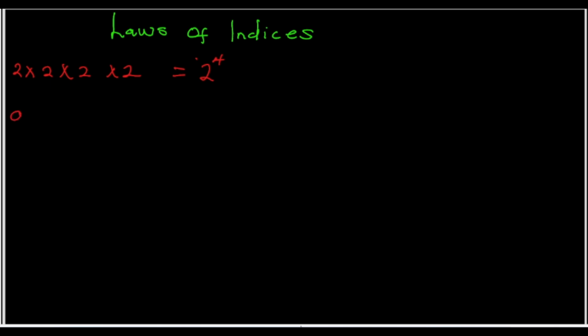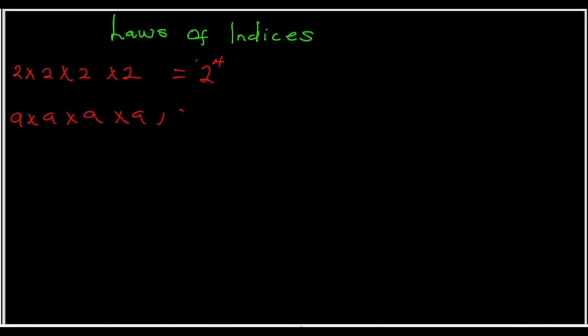And if we have a times a times a times a times a times a, we can shorten it to index form to a to the power of how many a's are here? 1, 2, 3, 4, 5, 6, to the power of 6. So this is how we work indices.